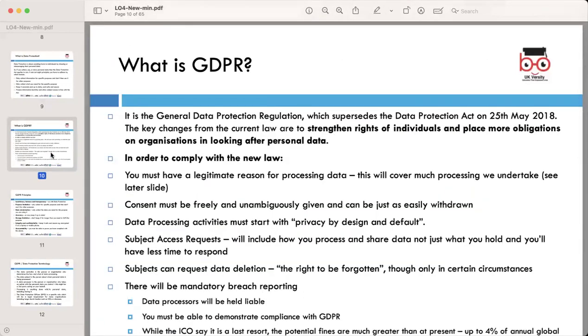So what is GDPR? GDPR is basically the General Data Protection Regulation, effective since May 25th, 2018. It supersedes the Data Protection Act.